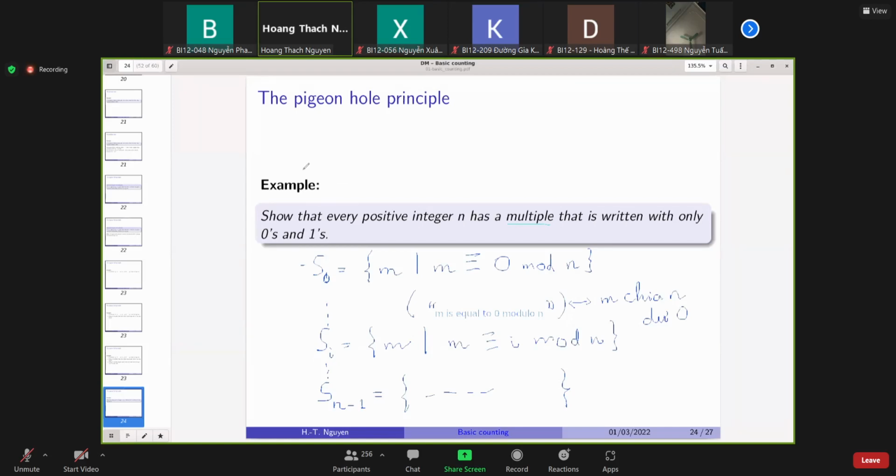According to basic arithmetic, if two integers belong to the same class modulo n, then their difference will be divisible by n. Do you agree with that?